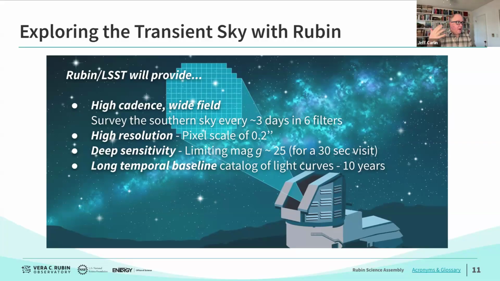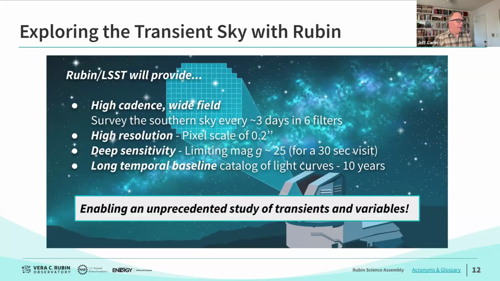High resolution data with a pixel scale of 0.2 arc seconds and generally good seeing at the site should provide excellent image quality and deep sensitivity, so a limiting magnitude of about 25th magnitude in g-band per visit. And then, of course, this is going to take place over 10 years, so you're going to have an extremely long baseline for light curves. And so this enables an unprecedented study of transients and variables, millions and millions of them.